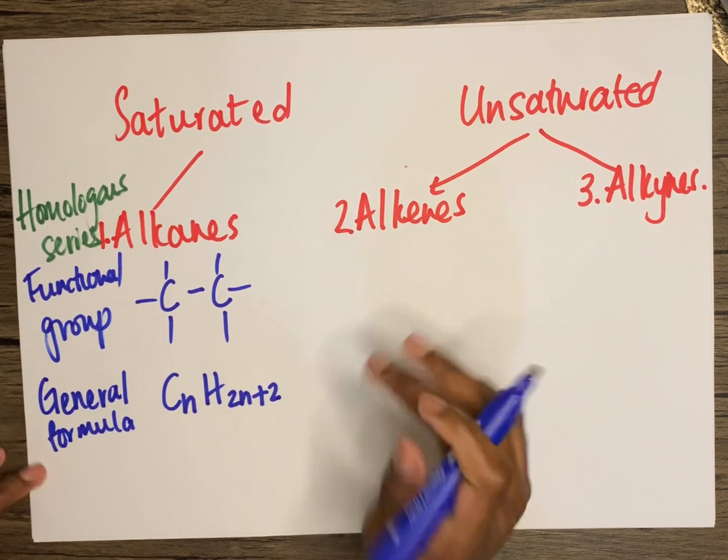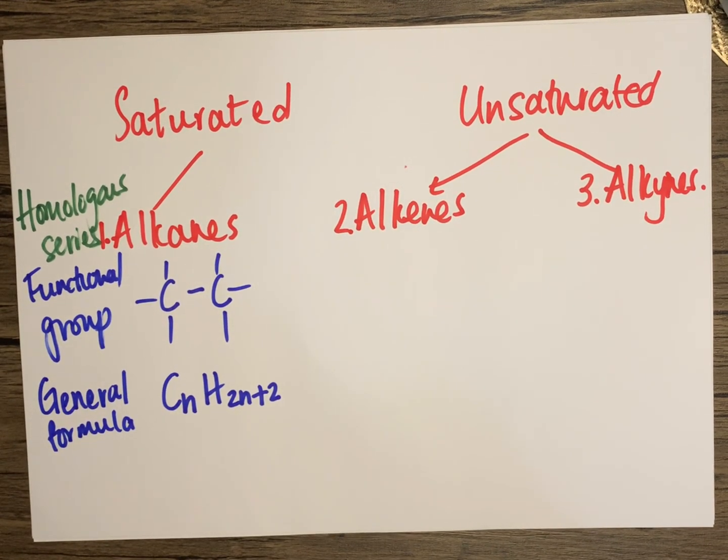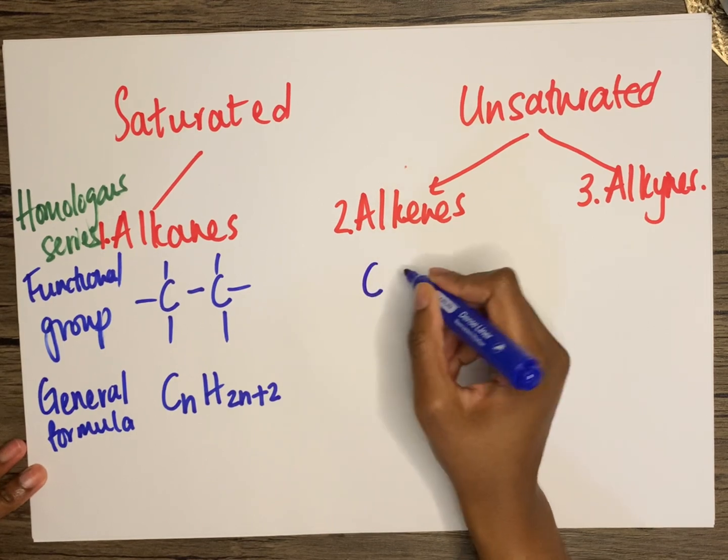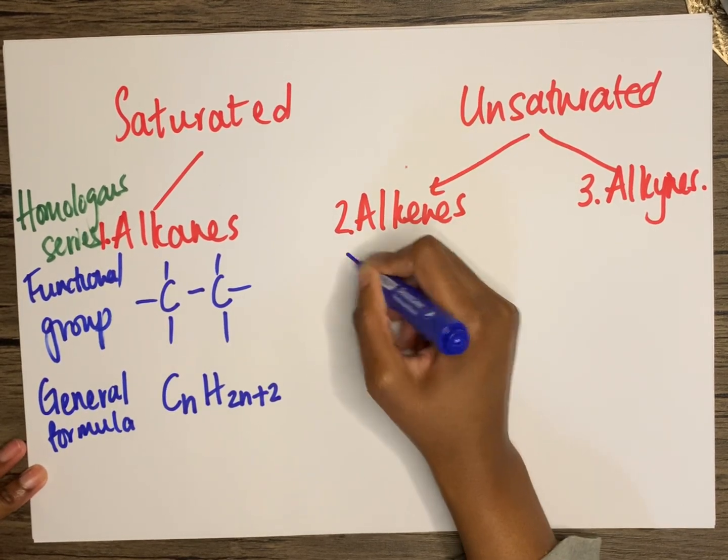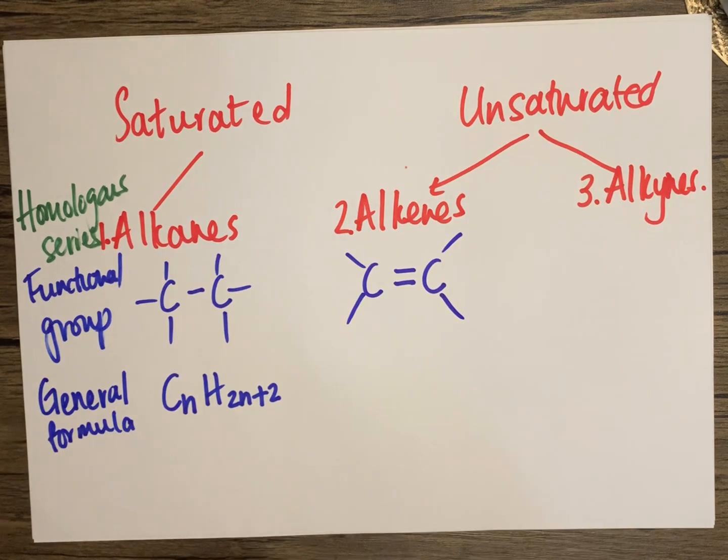Alkenes also have their special feature, their functional group that differentiates them from the others, right? Alkenes have a double bond between adjacent carbon atoms. We can have dienes, but mostly for grade 12 purposes, we deal with one double bond. So in their carbon chain, they can have a double bond between 2 carbon atoms.